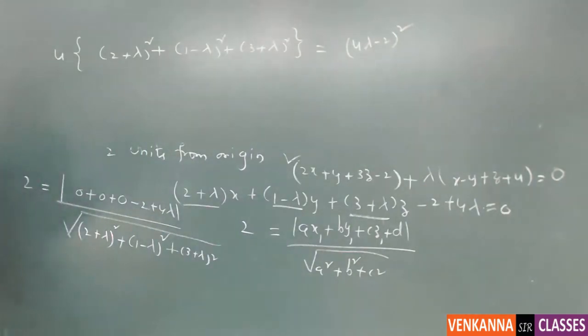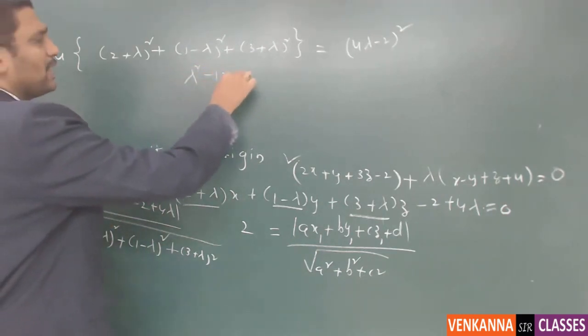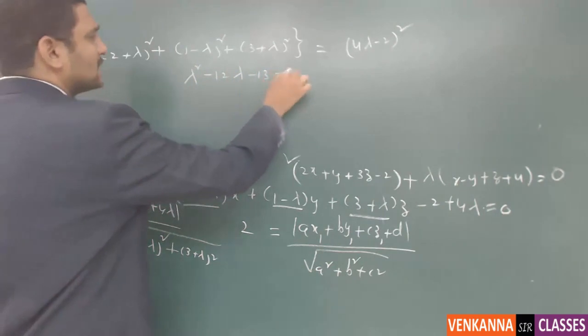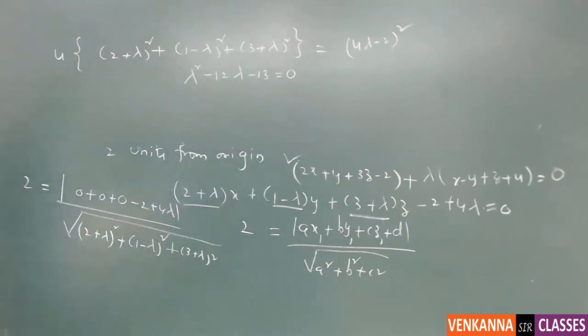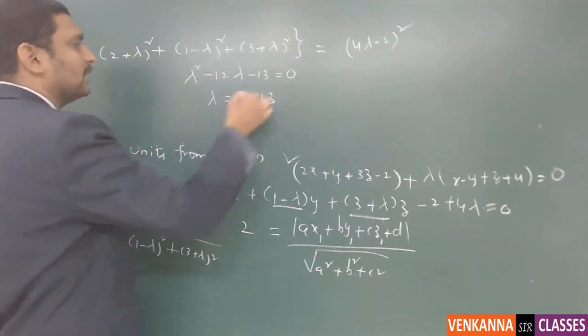So if you simplify this equation, you are going to get lambda square minus 12 lambda minus 13 equals to 0. I hope everyone will get the same equation. So if you factorize this, you will get that lambda equal to minus 1 comma 13.